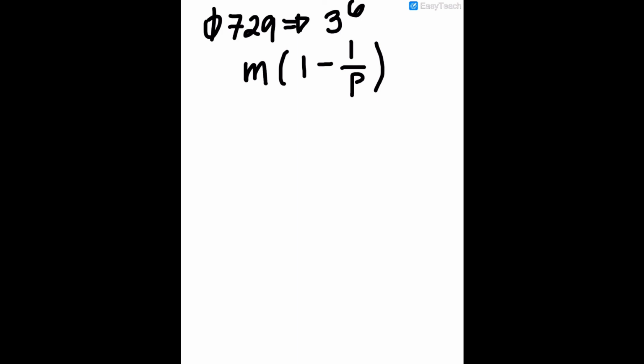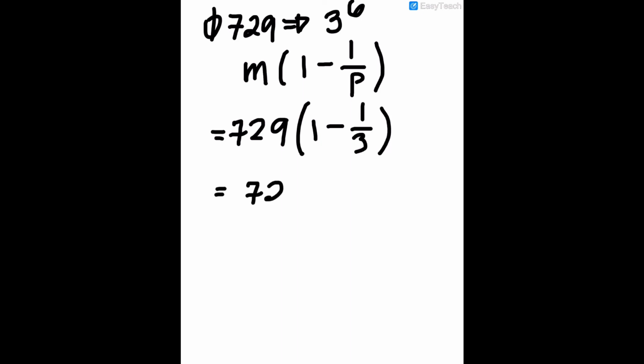The value of m is 729 times 1 minus 1 over 3. Now we have 729 times 2 over 3, and this will result to 486.